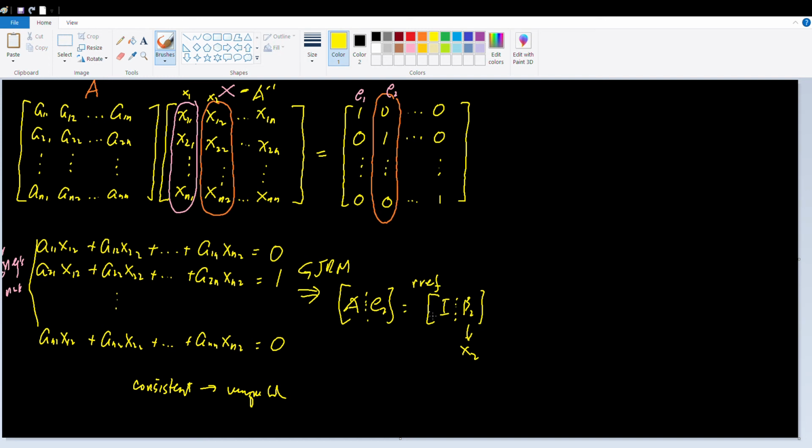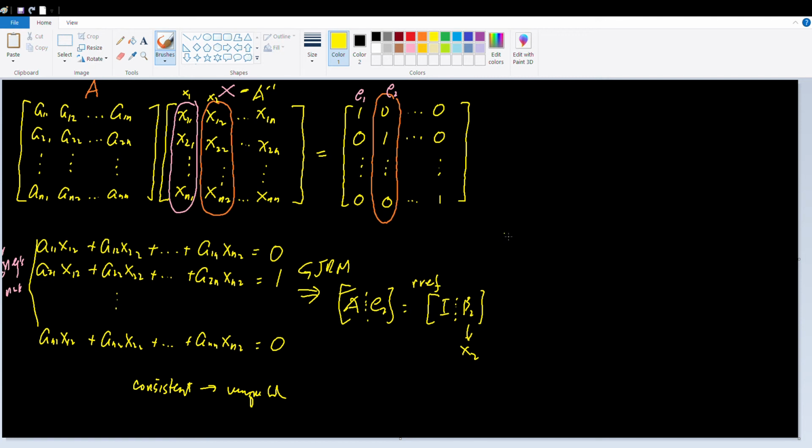Okay, so we repeat this for all columns of the inverse matrix or matrix X. And every time we perform this operation of multiplying every row of A to a column of X, we apply the Gauss-Jordan reduction method and come up with a solution or the values of the unknowns.